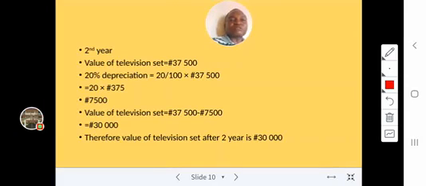So the value of the television set is 37,500 minus 7,500, and that gives us 30,000 naira. Therefore, you can see that the television set has depreciated in value. So at the end of the 2 years, the television set costs 30,000 naira.